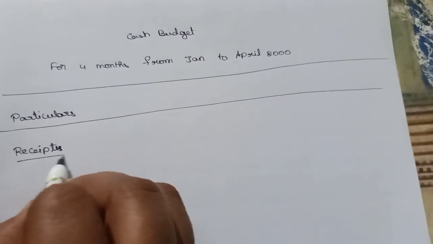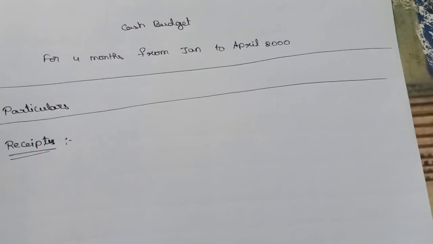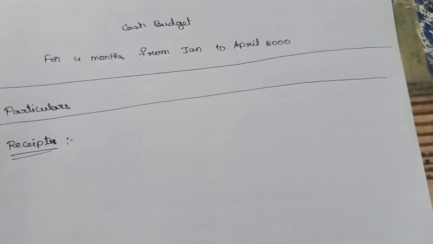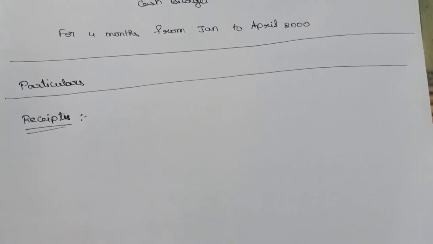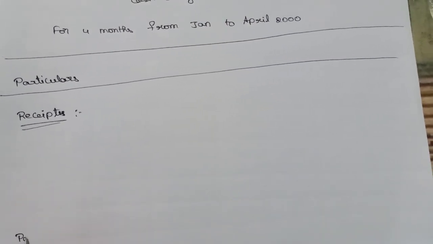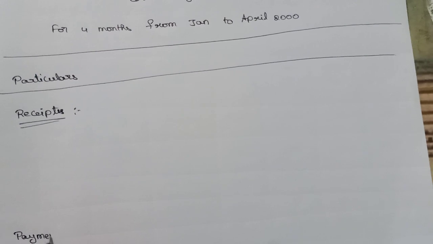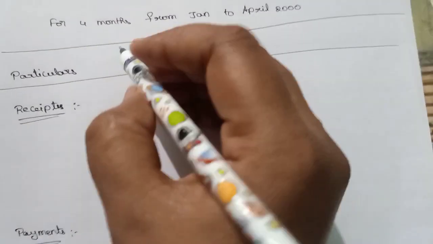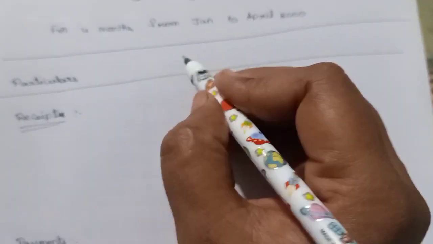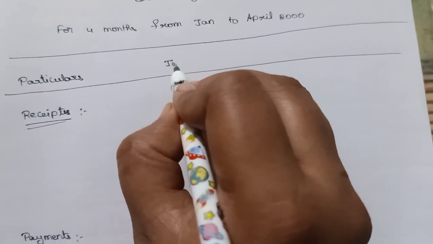In another class, I can provide you the theory about this budget topic. From the exam point of view, let us go to the sums, which are related to case studies and also normal questionnaire preparation. Let us go to the sum.